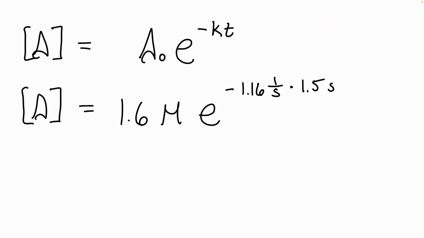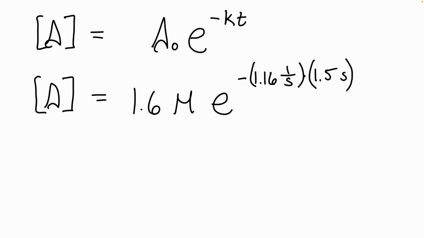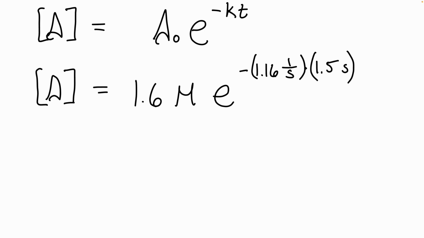All right, I'm going to be good about my units here to make a point. Okay. We can punch this into our calculator. We get the concentration of A has now decreased to 0.281. We're going to leave it with 3 sig figs here. All right, and then what are my units going to be?